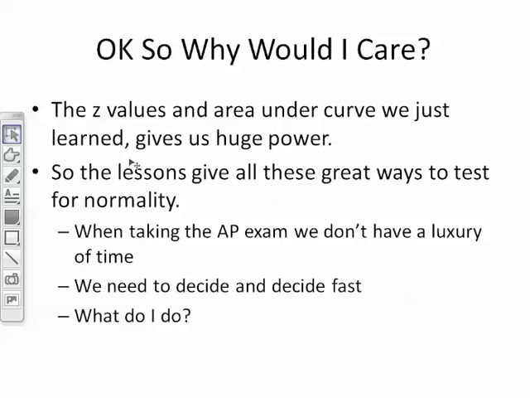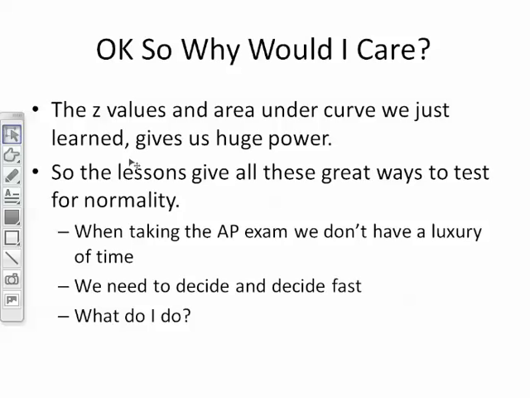The lessons give all these great ways to test for normality. They give you these formulas, and they look at this information and that information. When we're taking the AP exam, we don't have the luxury of time. Some of those things take a while to do.